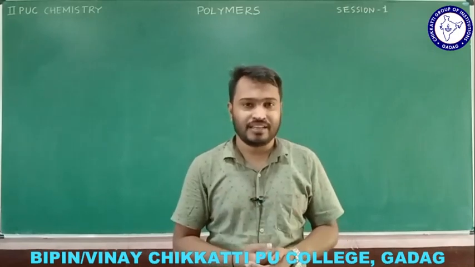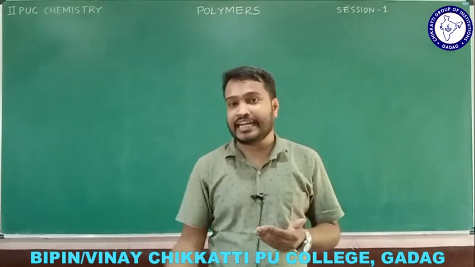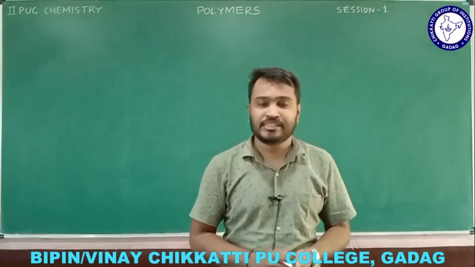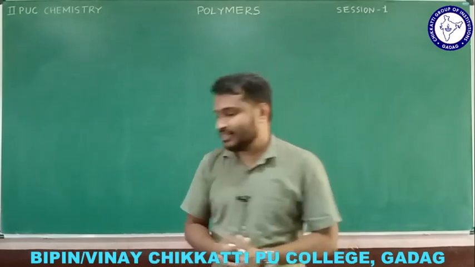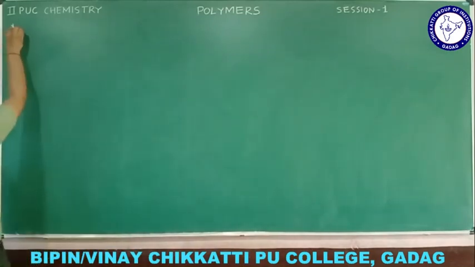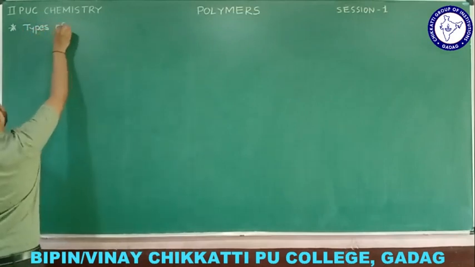After knowing the different types of polymers, we'll move on to what the different types of polymerization are. I told you that polymerization is a process of getting polymers from monomers. We call it polymerization. And based on the process, how we are going to get the different polymerizations, we are going to discuss now. So the heading I am going to write: the types of polymerization.